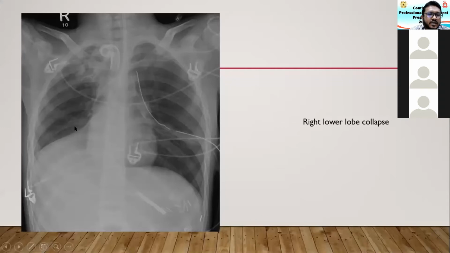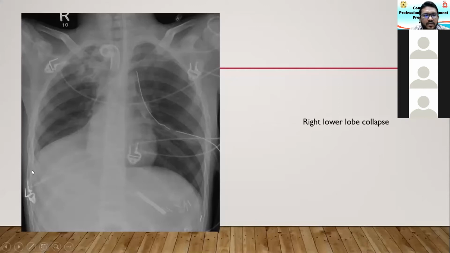And you can see the right diaphragm is not seen. There is volume loss, mediastinal shift to the right side with the obscuring of the right outline, the right diaphragm. So if you look at the lobe anatomy, what is outlining the right diaphragm?